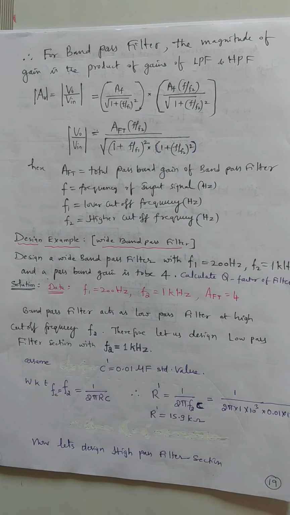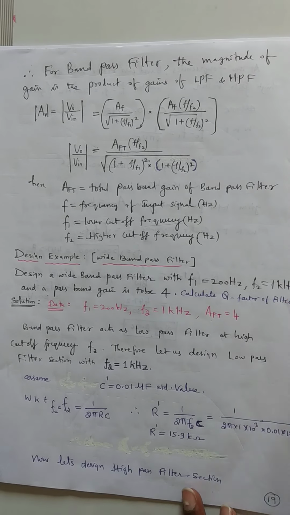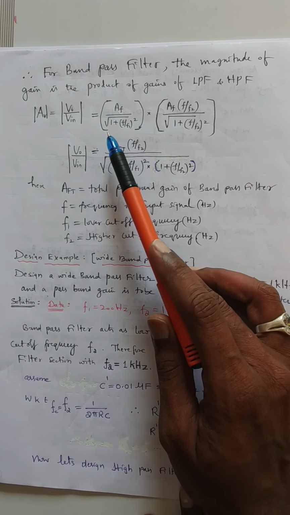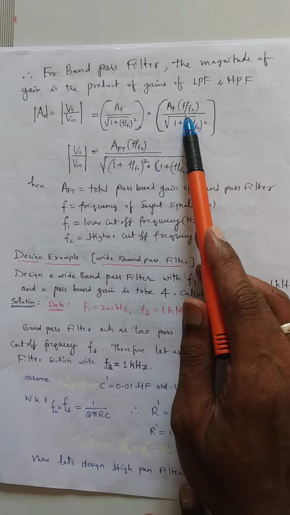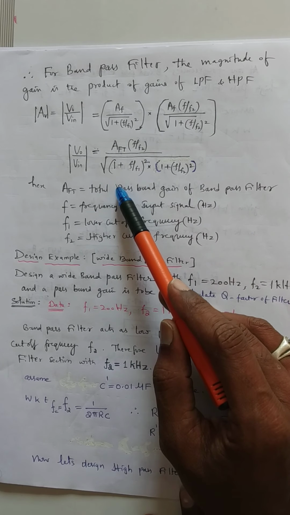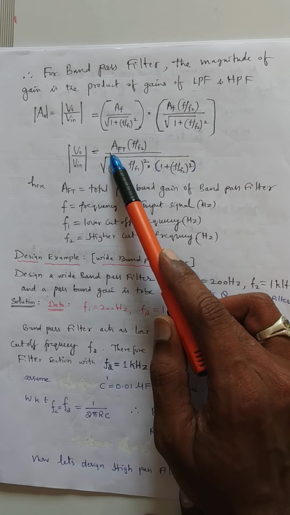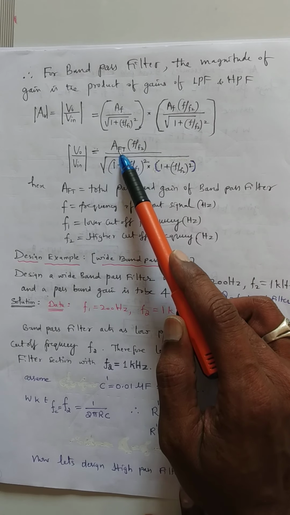So if I multiply both the gains, we get a combined gain, that is product of individual gains of low pass and high pass filter. So if you multiply this, you will get this equation. Here AF into AF gives AF square, that I have taken as AFT, that is total gain.